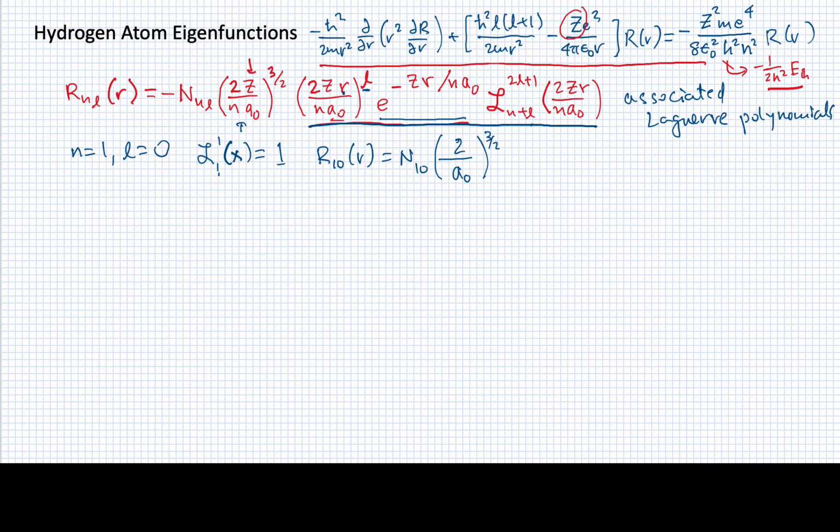And then I'm going to have again the argument here of 2 times 1 times r, so that's just 2r, over n equals 1 times a0, that's just a0. And this is raised to the L power, which is 0. So in fact, this is just going to be equal to 1 also. And then we have e to the minus Z, so e to the minus 1 times r divided by 1 times a0.